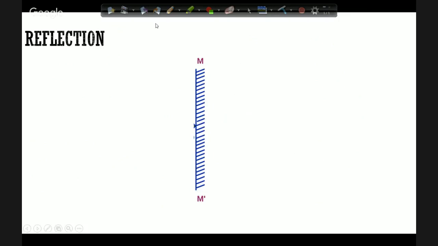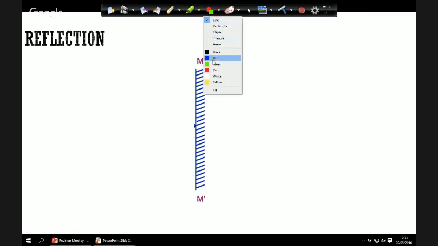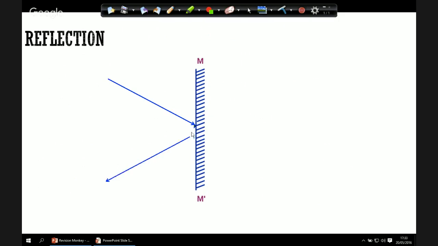Okay, so first thing that I want to look at that waves do is reflection. So I'll use an arrow to show this. We've got a wave coming in here to the mirror, and that wave will be reflected out in this direction over here. Really importantly, in the middle, we put a line at 90 degrees to the surface, and this is called our normal line.